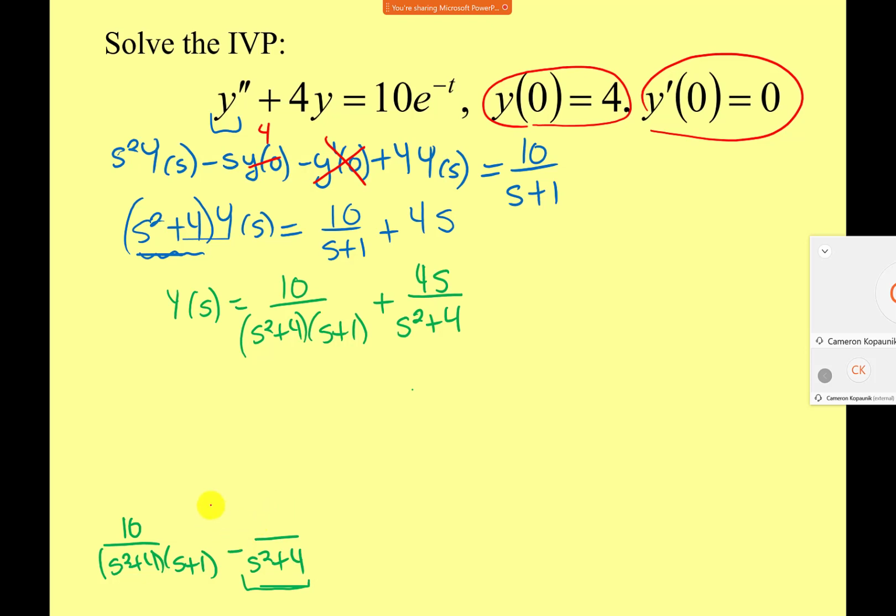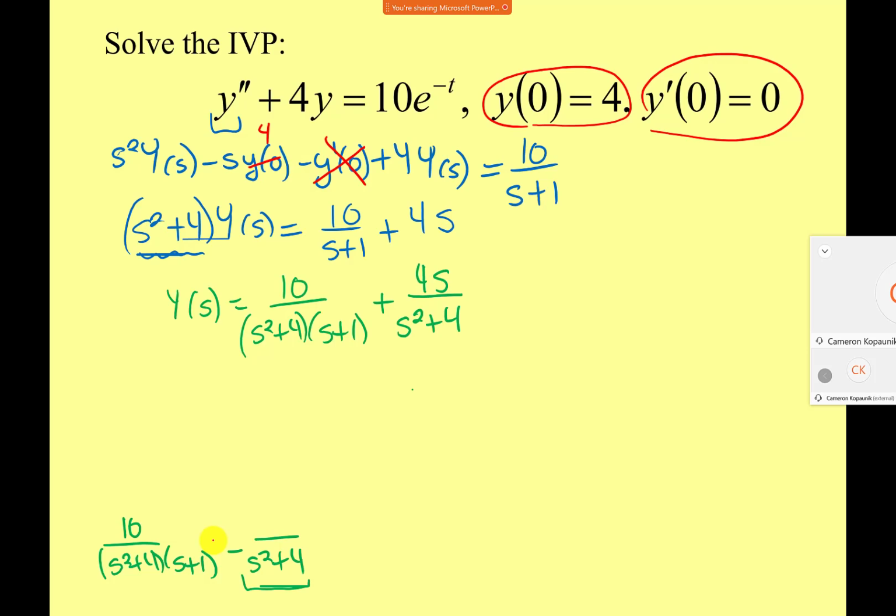So remember, when you're setting up partial fractions, you're going to need As plus B. So anytime the denominator is a quadratic that does not factor, you're going to need two terms in the numerator, an s term and a constant term.